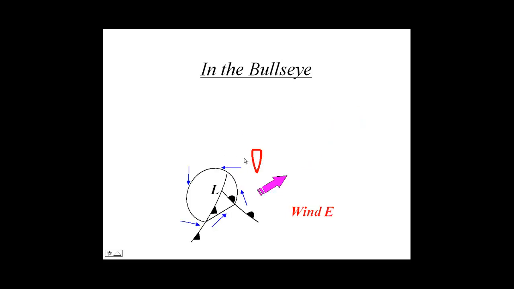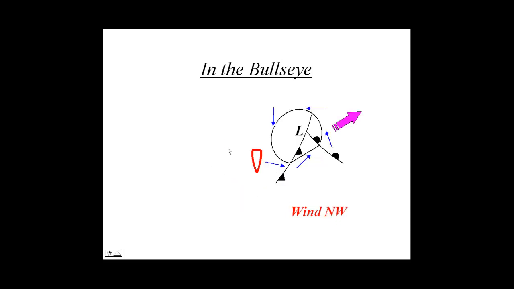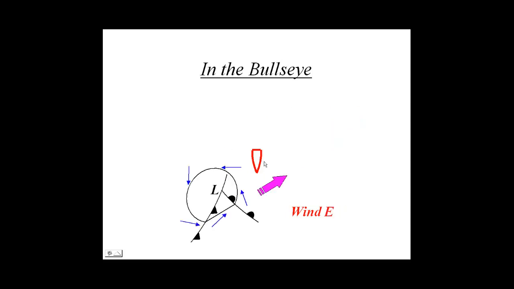So let's look at this again. The wind has gone, as the low crossed over you, from your port bow to northeast and maybe north to northwest. Okay? So the wind has, we call this backing.